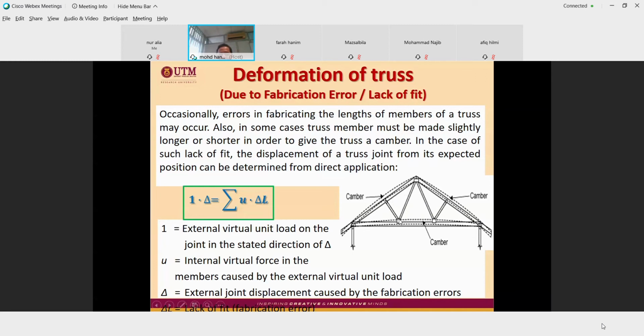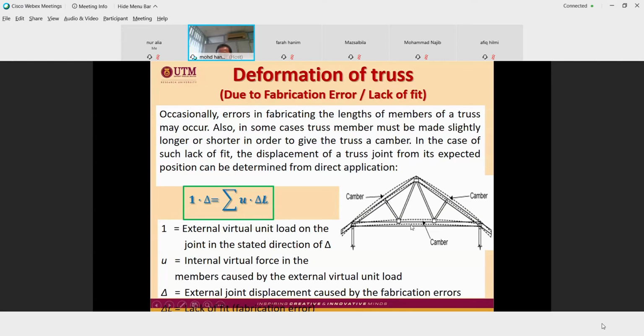So maybe the length of each member is 1 meter in your design or in your calculation, but you have to make it slightly longer, because it is to cater for the loading here, to make it deflect into a horizontal position, which we need to have in that kind of structure.